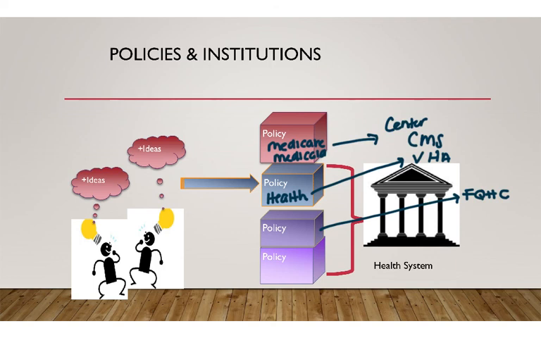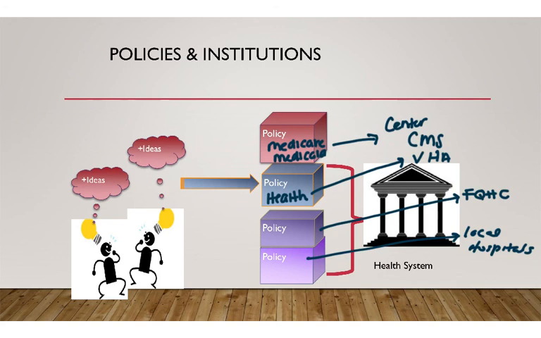It was through policies that local hospitals were funded. So particularly in the US, it was through a combination of different policy solutions to perceived social problems that resulted in the creation of a health system.